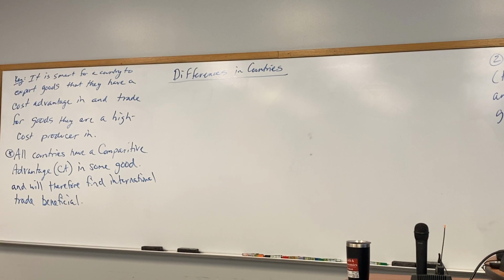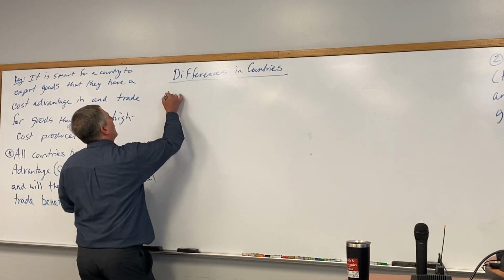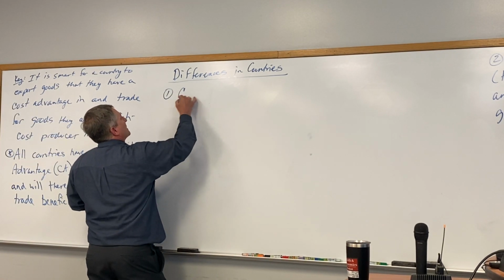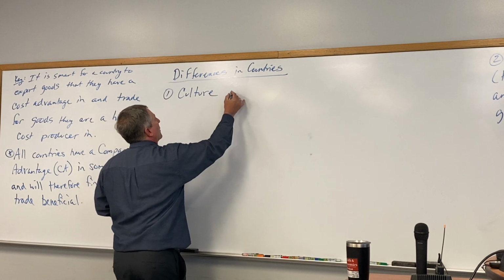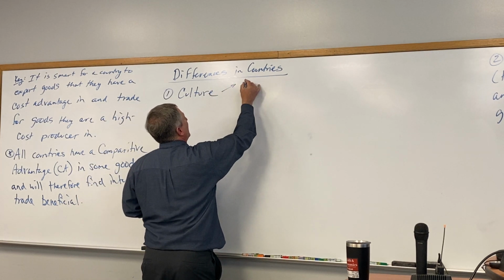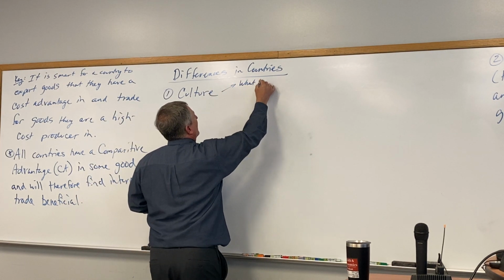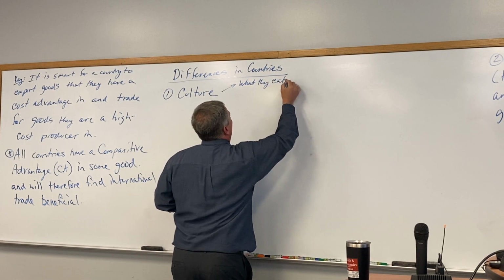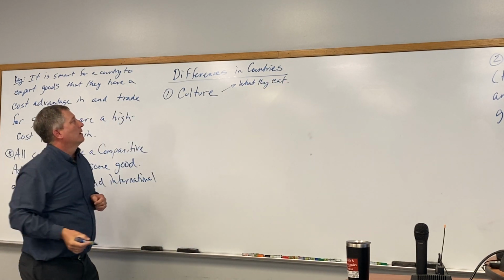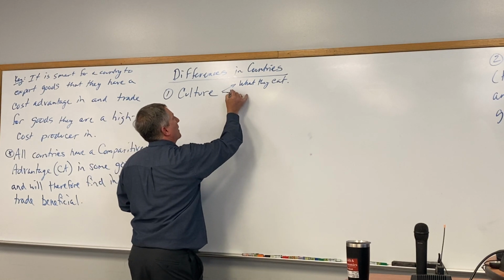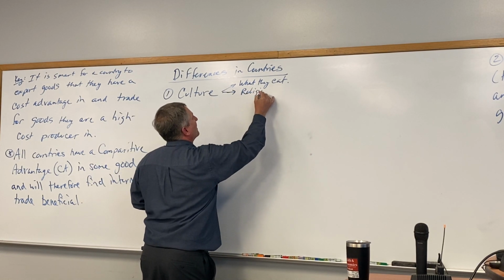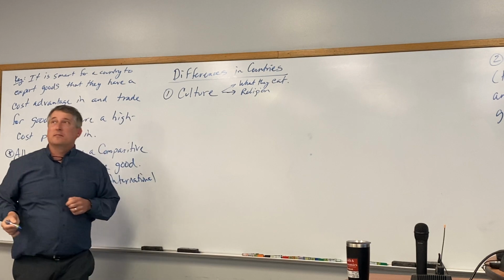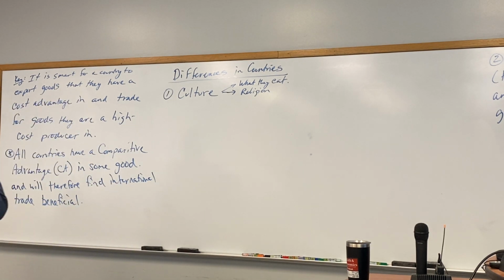What they eat. Okay, so that might be the preferences of the country, right? So differences in preferences. There could be cultural differences maybe, differences in culture, which might mean what they eat. This one's pretty wide-reaching. We could do religion. That was kind of what came to mind with what they eat.